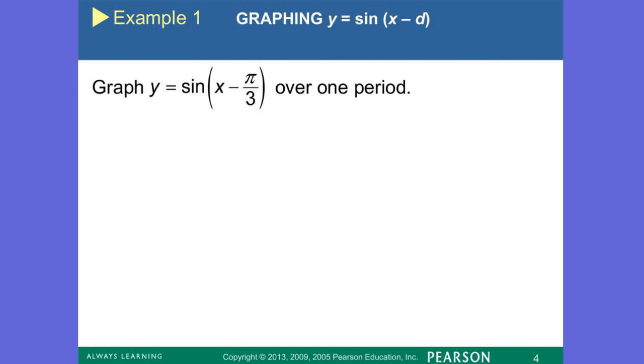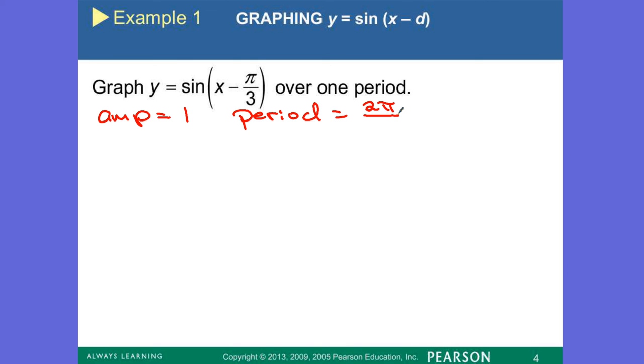Let's pretend I'm doing this normally, just like I taught you in the last section. What would be the first thing I do? Amplitude. Amplitude is what? 1. Thank you. Period. 2 pi over the number in front of my variable.